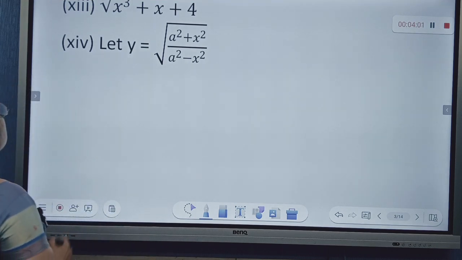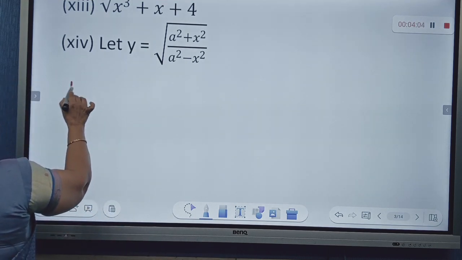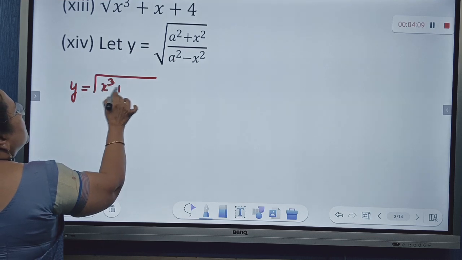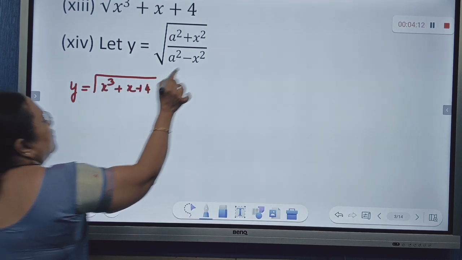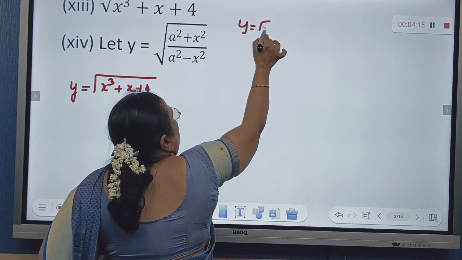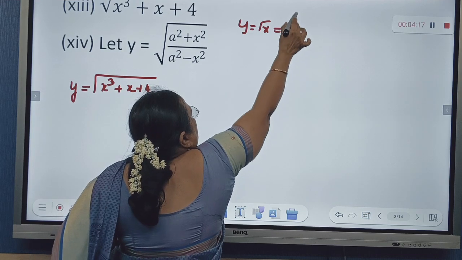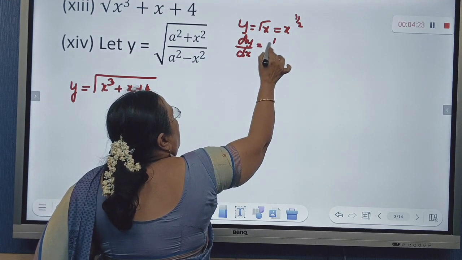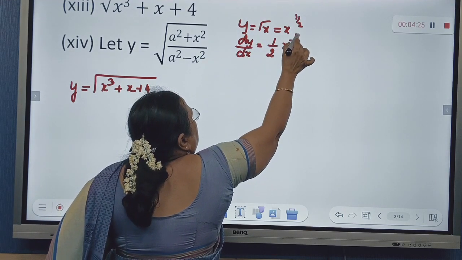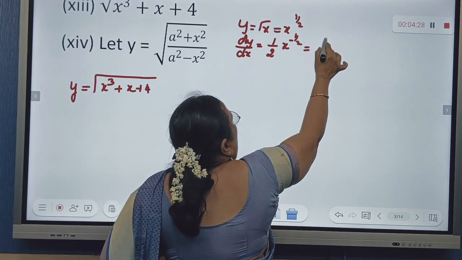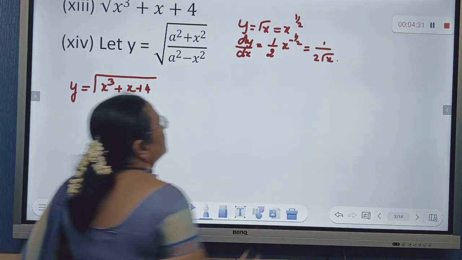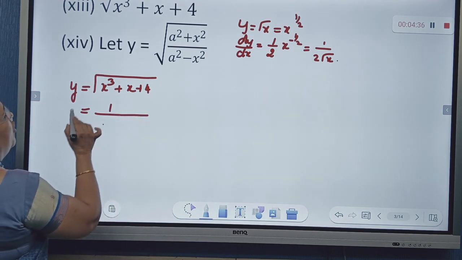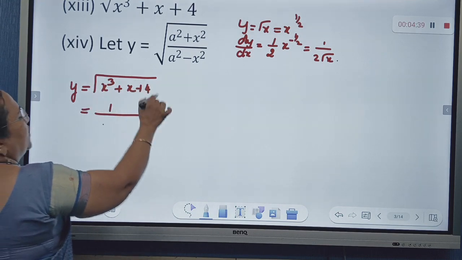Now look at this. y equal to square root of x cube plus x plus 4. When you have just y equal to root x, which is x power half, what is your dy by dx? Dy by dx is half x to the power minus half, which is 1 by 2 root x. So this will be 1 by 2. First of all, I am differentiating this whole thing to the power half.